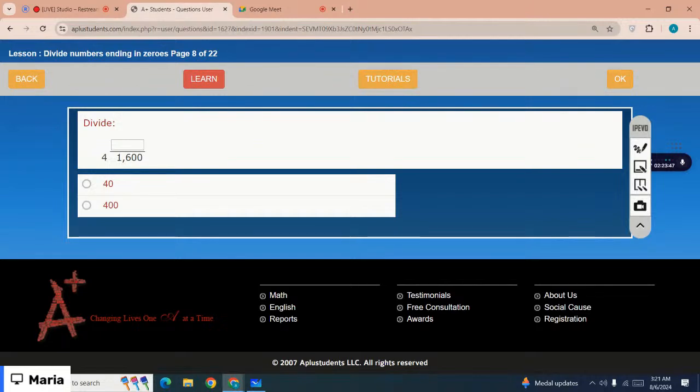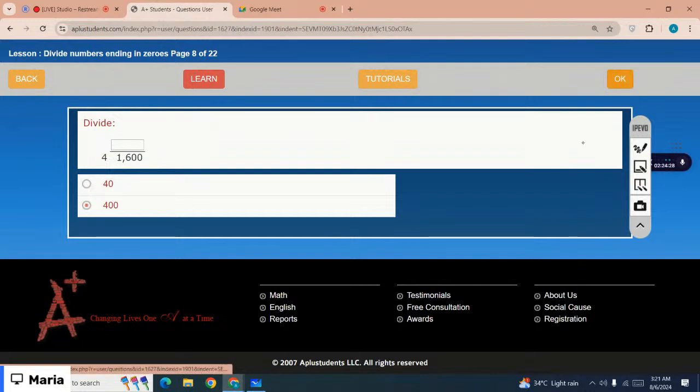600 divided by 4, which is the correct option? The correct option is 400.